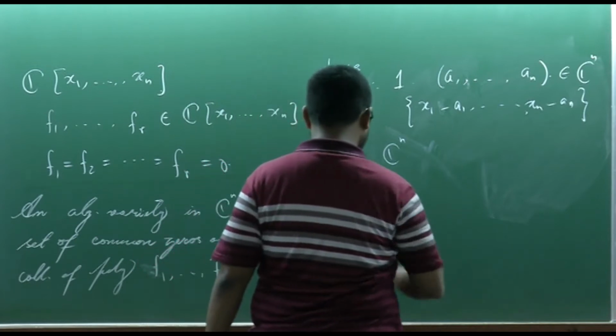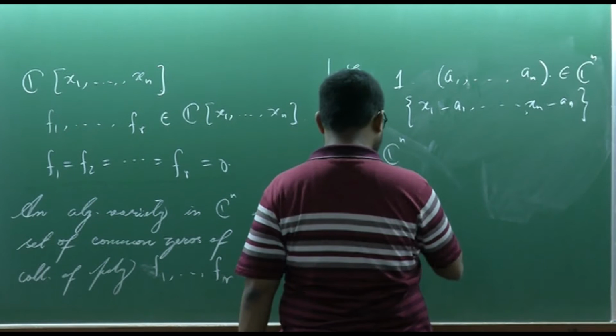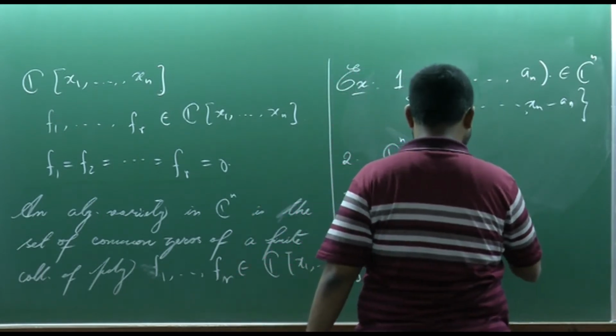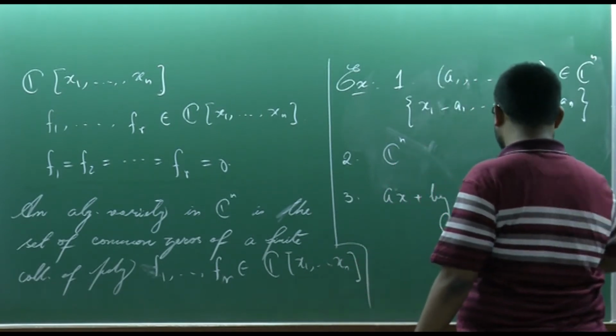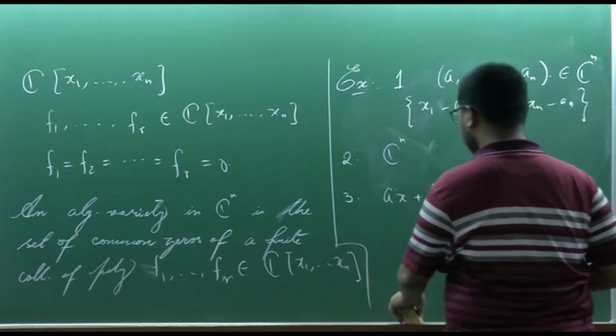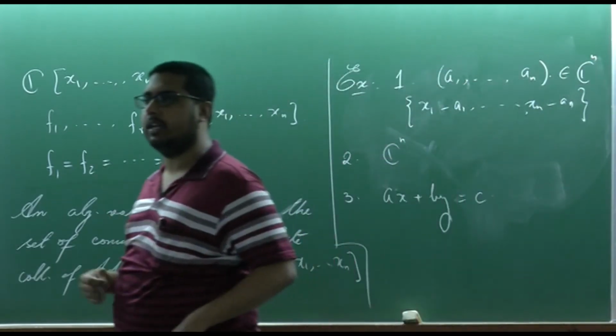Third example, quite easy to see: let us take a line, ax plus by plus cz equals, well, maybe the line means just a constant. You can immediately see this is the zero set of a first degree polynomial.